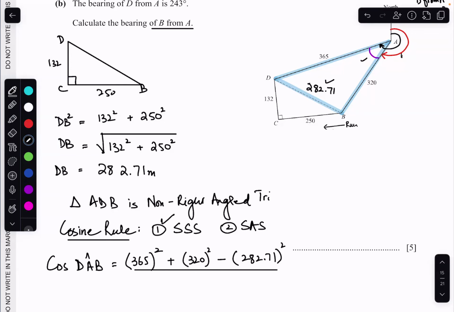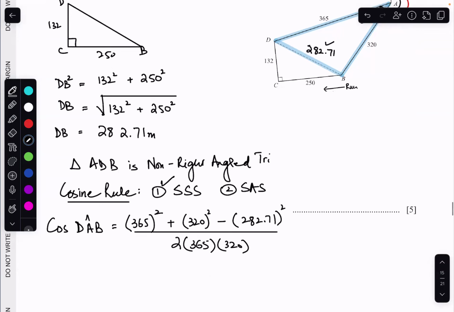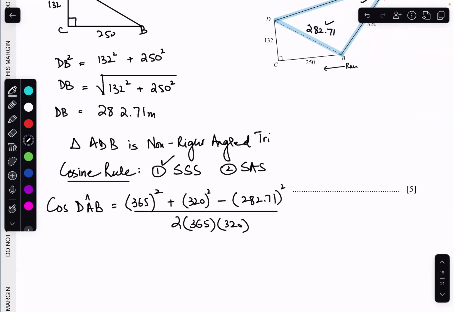Divided by 2 times the two neighboring sides. Now work it out. So DAB will be cos inverse of all this working.